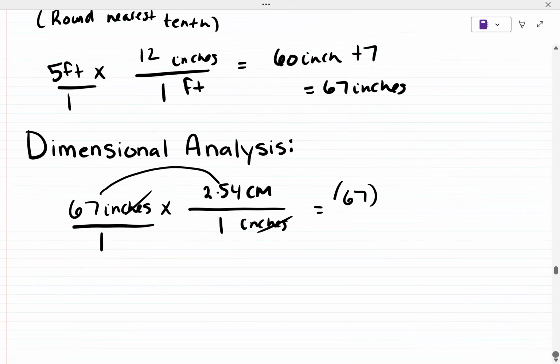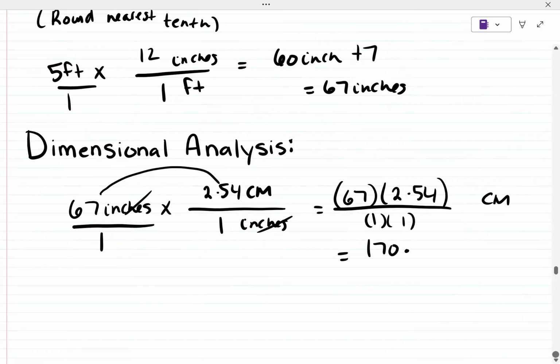So 67 times 2.54, then on the bottom it's 1 times 1, and you're left with centimeters. So what's 67 times 2.54? That is 170.18. But the direction says round to the nearest tenth, so 1 is the tenth. Look at the neighbor, that would be 170.2.